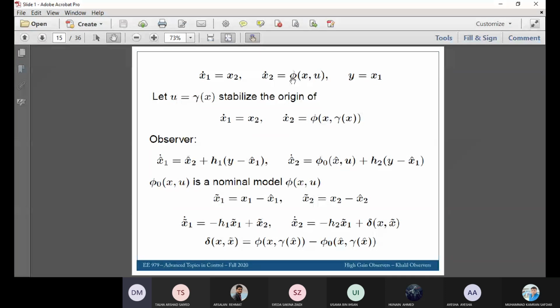So that would give us some robustness properties as well, which are going to be valid in all general cases.